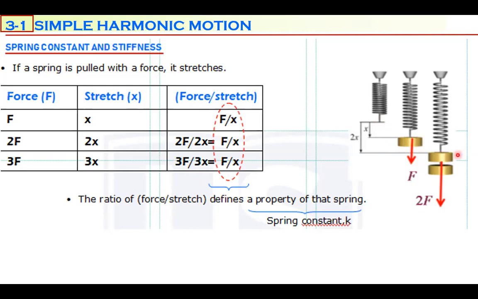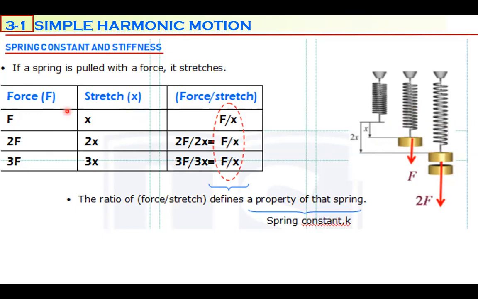But if you double the mass, you observe that the amount of stretch doubles. In fact, these masses apply forces on the spring because gravitational force is stretching the spring, which means as force increases, the amount of stretch also increases.